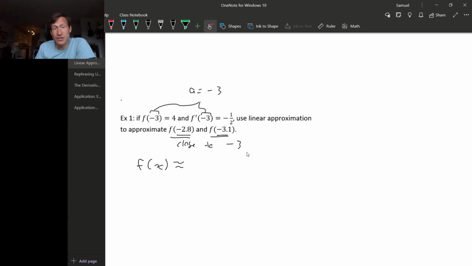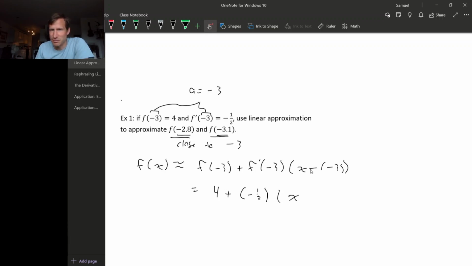So for x values near minus 3, this function is approximately f of minus 3 plus f prime of minus 3 times x minus the base point, minus 3. So f of minus 3, that's 4, plus minus a half times x minus minus 3, so x plus 3.